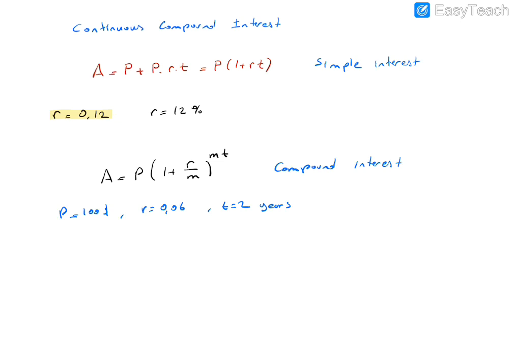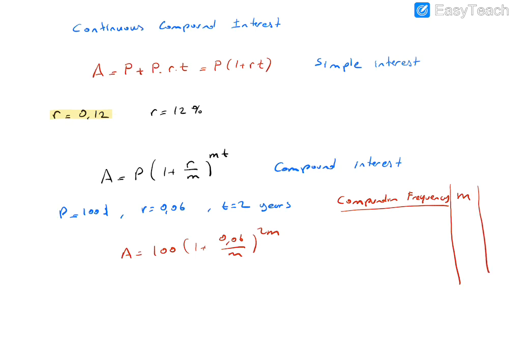Then A equals, by using the compound interest formula, 100 times 1 plus 0.06 over m to the power 2m. For some values of m, we compute the values of A. Let's make our table: compounding period or frequency m, and A, the future money.